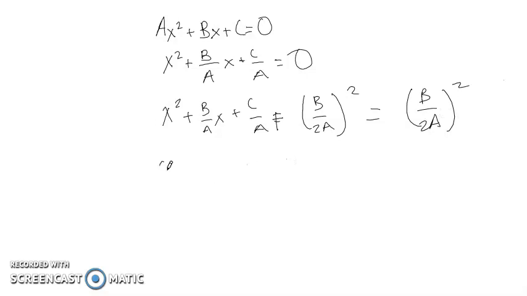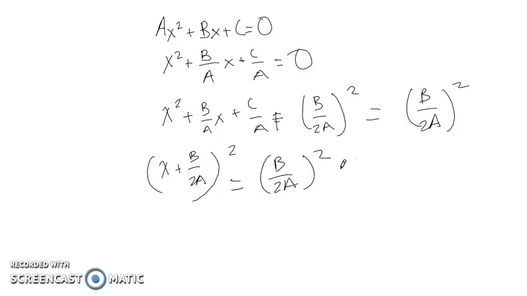So now we factor and we get x plus b over 2a squared, because a squared plus 2ab plus b squared equals b over 2a squared minus c over a.